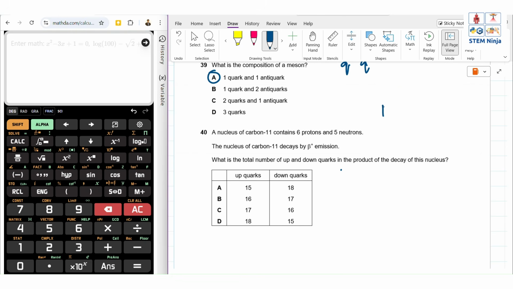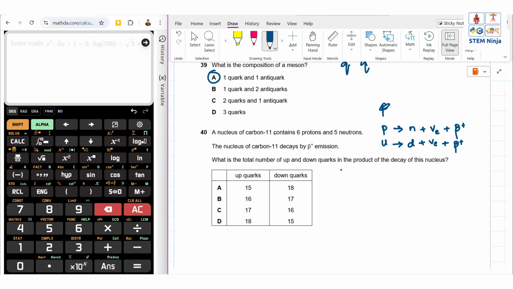So what happens in beta plus is that a proton decays into a neutron, an electron neutrino, and this beta plus particle, along with energy. So one up quark converts into a down quark. The neutrino is already a lepton, not a quark. And this positron is also a lepton.